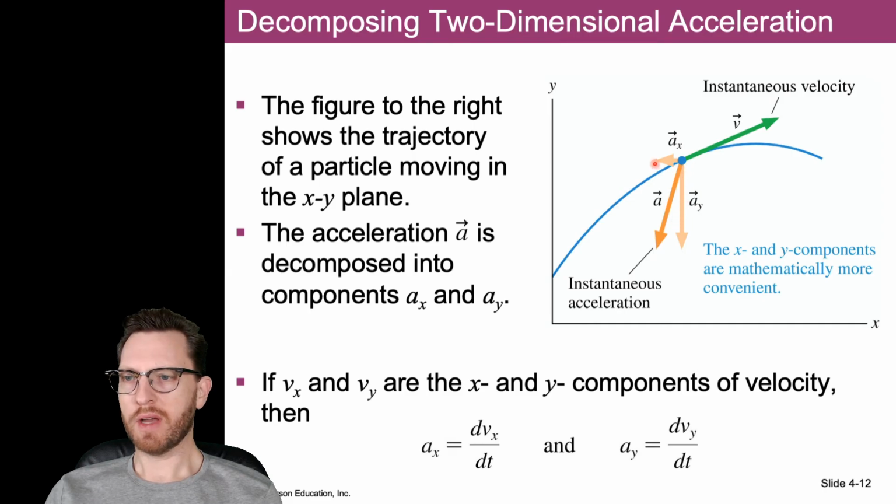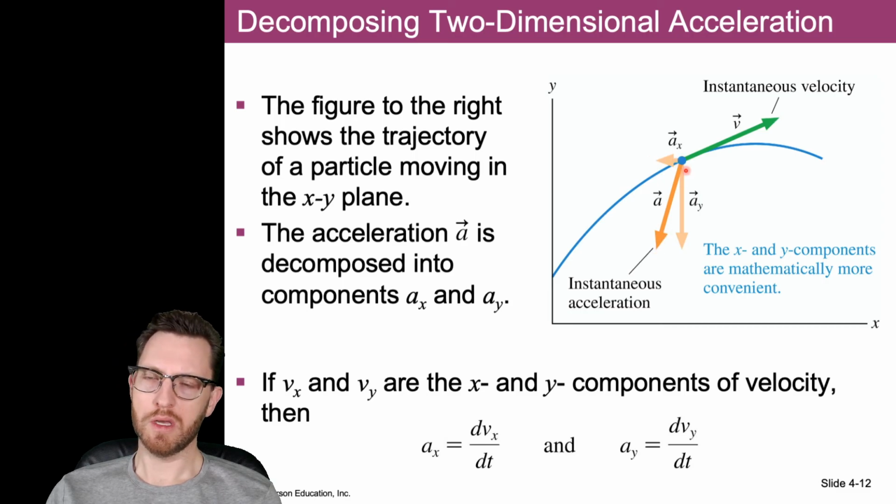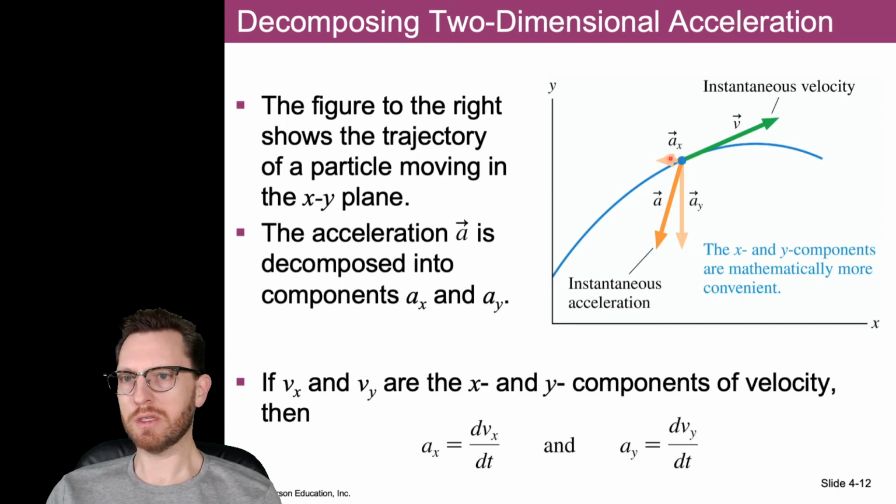Why is that? Because if I use this x and y, the figure to the right shows vector A decomposed into my original x and y components. I can also decompose my acceleration in this coordinate system. Here I have a vector ax that points backwards and a vector ay that points down.